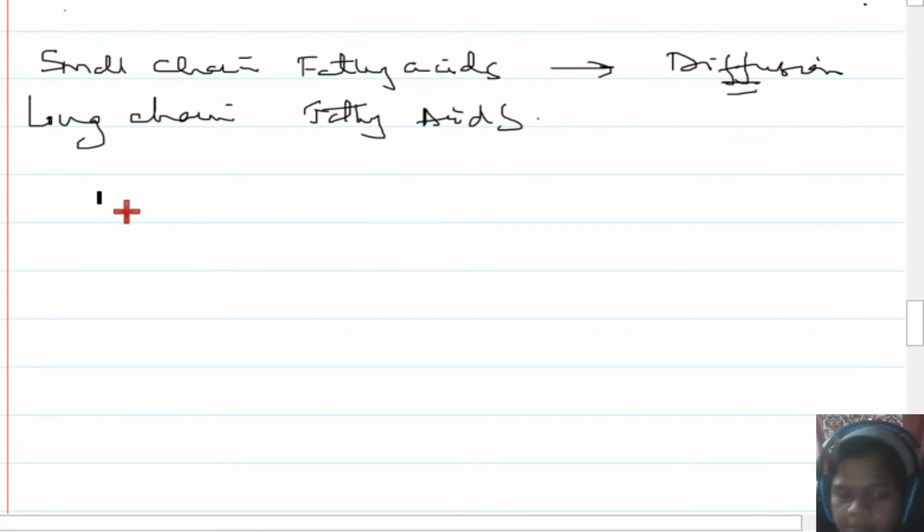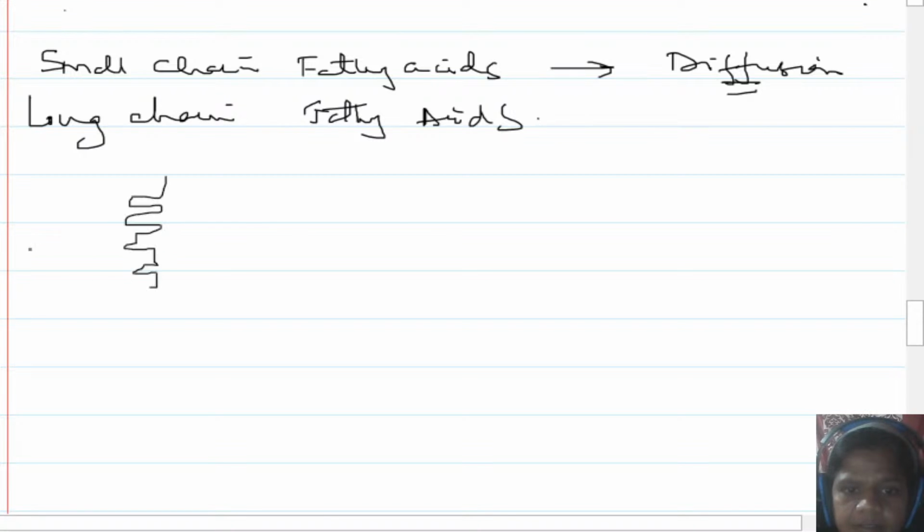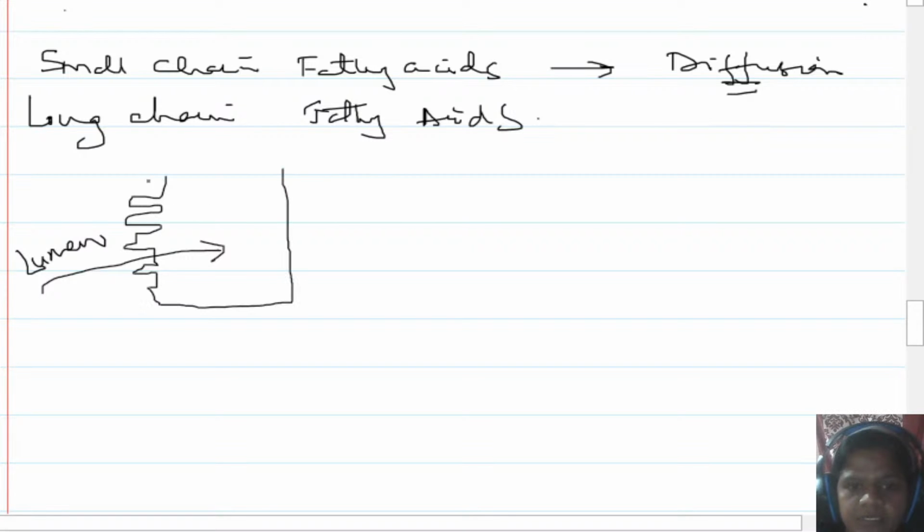This is the lumen, right? So the long chain fatty acids need to enter the epithelial cell. Let's say this is one cell.